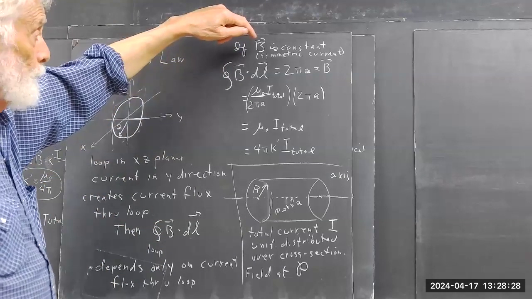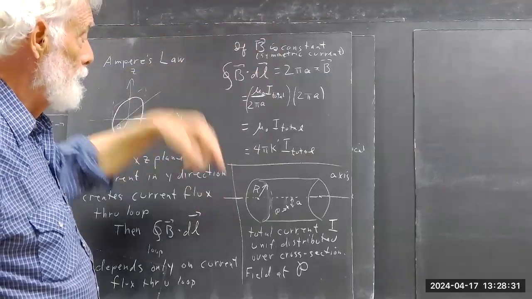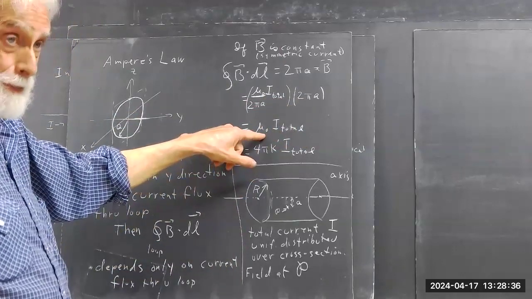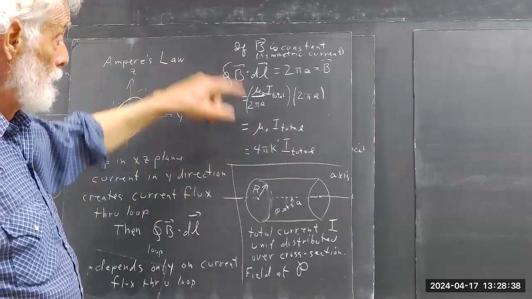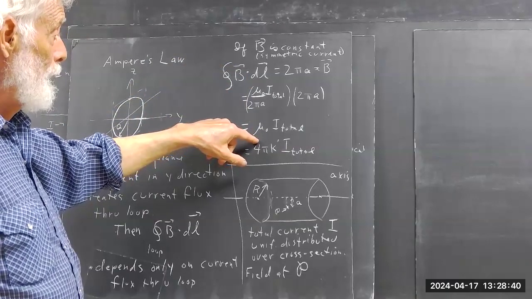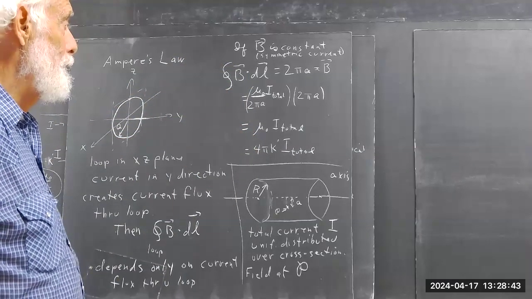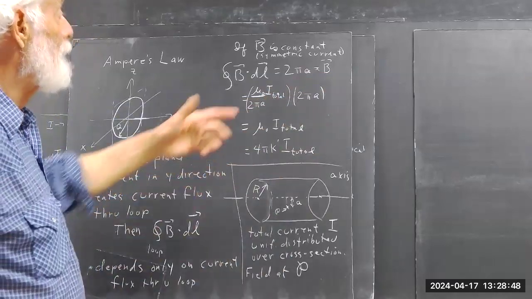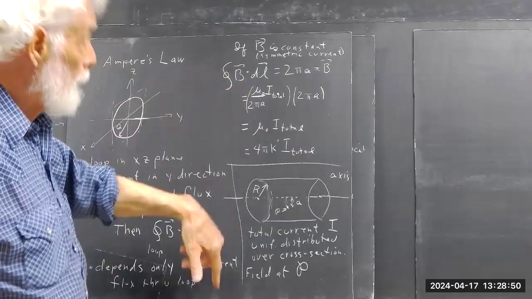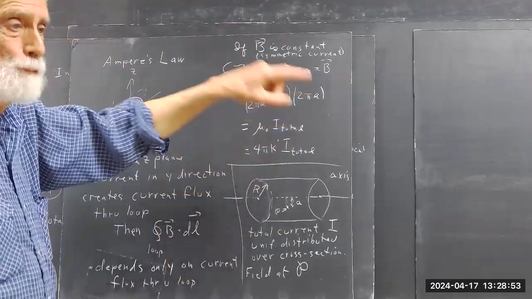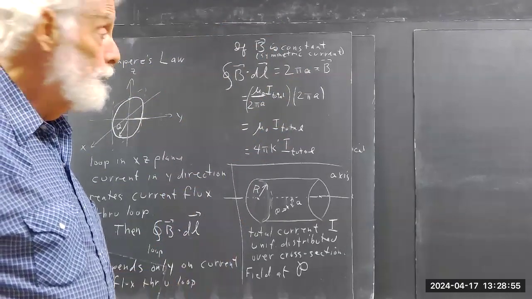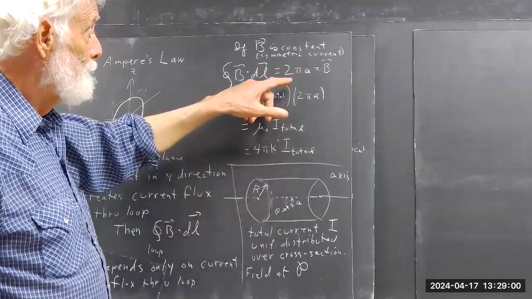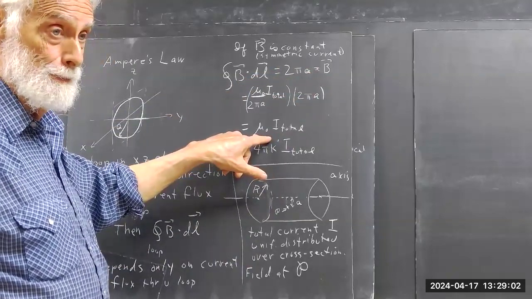Now, you want B to be constant if possible, so that you can apply this simple relationship. The total integral is just equal to 2 pi a times B, because if B is uniform on a path of length 2 pi a, which is one loop of a circle of radius a, then this has to equal this.